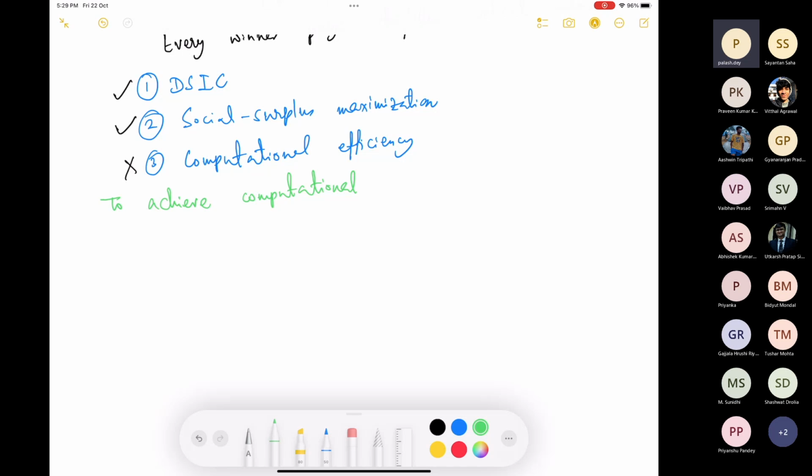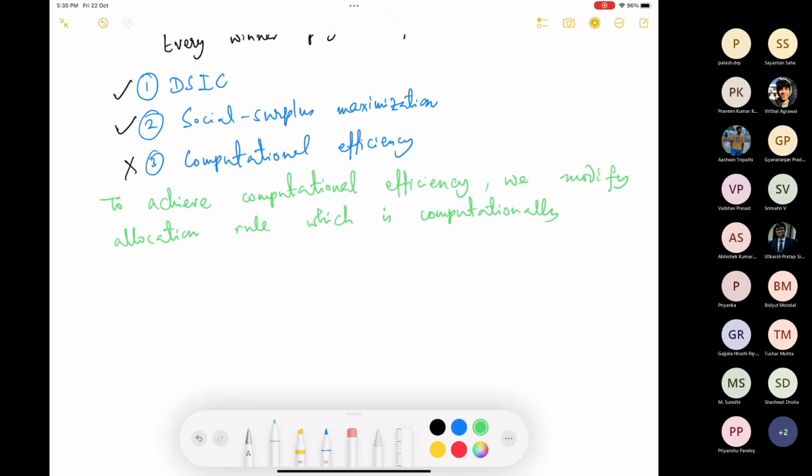To achieve computational efficiency, we modify the allocation rule, which is computationally efficient and not too bad on maximizing social surplus.